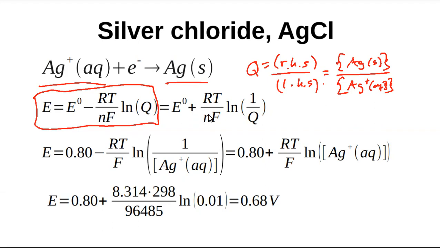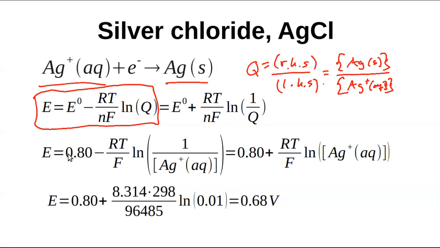For example, the one that, if you see a plus sign here, beware. But in this case, I took 1 upon Q instead of Q. And then I change the sign of the minus here to a plus. So this should be no problem.